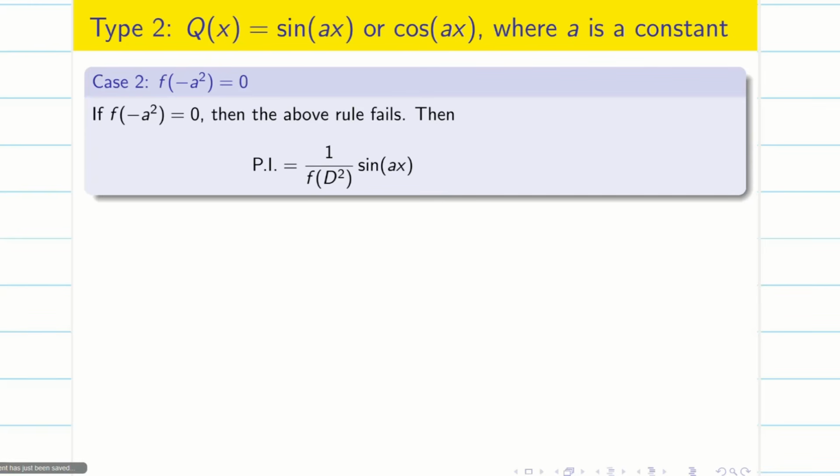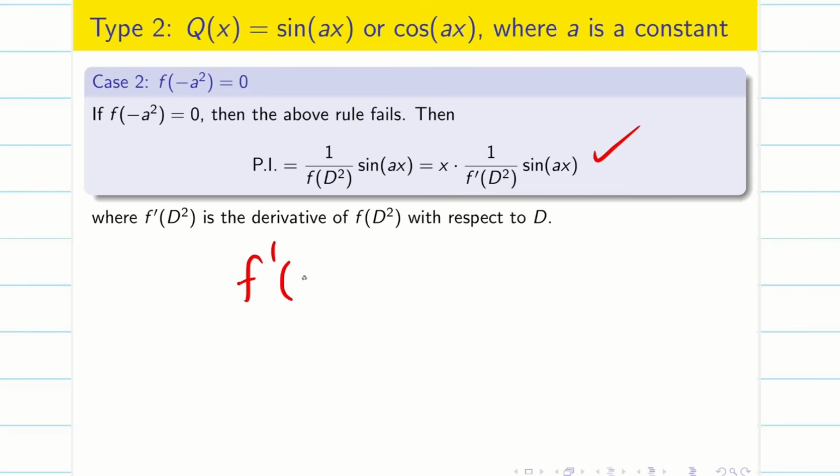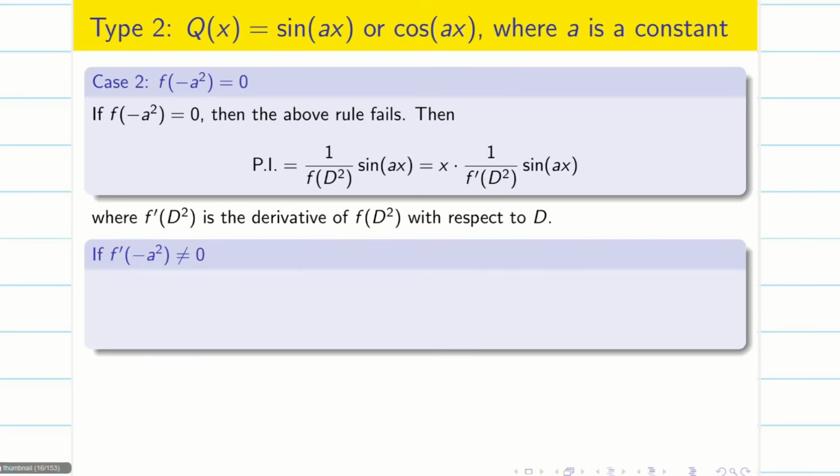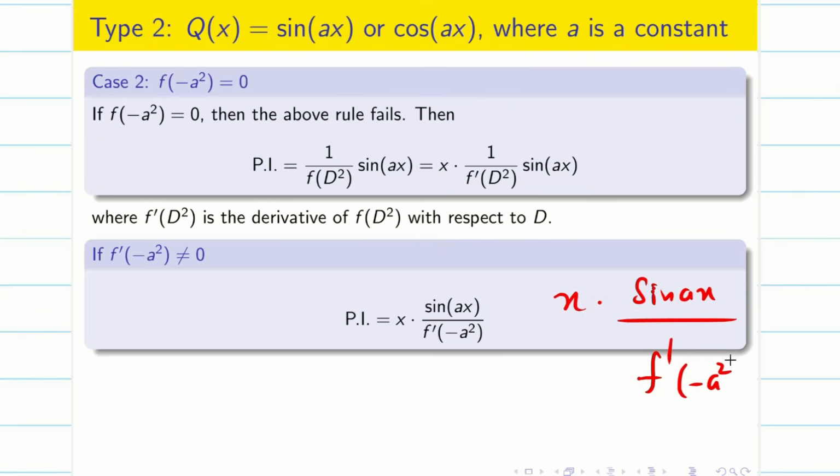That is, if f of minus a square is equal to 0, the above rule fails, then we have to multiply by x and differentiate the denominator with respect to D. After finding this, if f dash of minus a square value is not equal to 0, we stop. Then the solution is x into sin ax divided by f dash of minus a square.